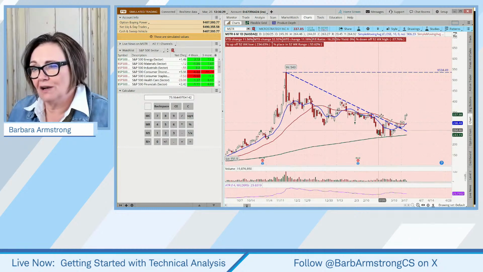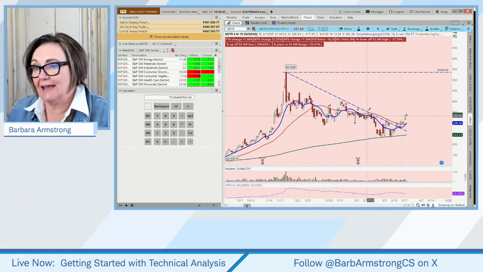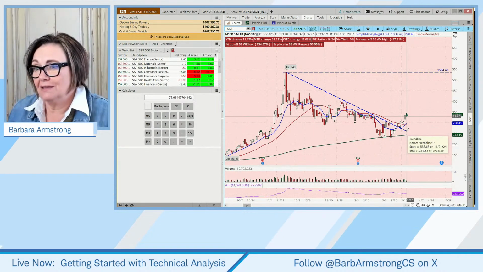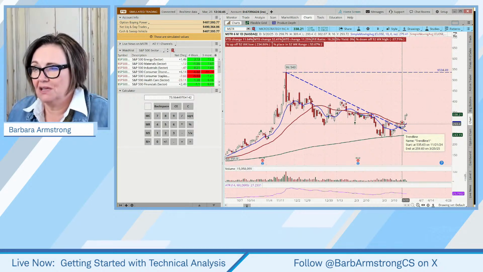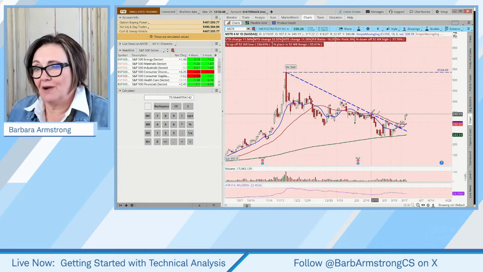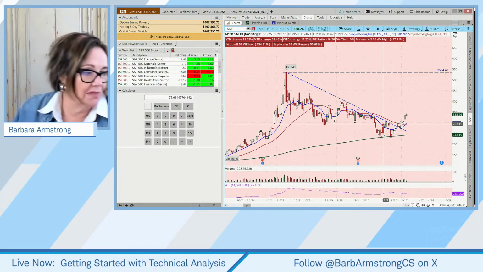Well, if we really want to give this some latitude, we could say this was acting as a resistance level, so it might be a new support level. If I take a look at this number here, we might have an expectation that this line would now hold around 292, and put the stop 3% below that.